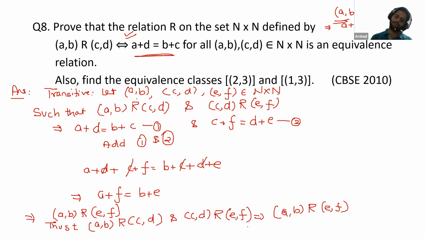Hence relation R is transitive. Relation R is transitive. Is this clear to everyone?